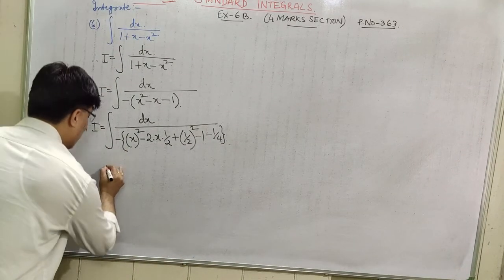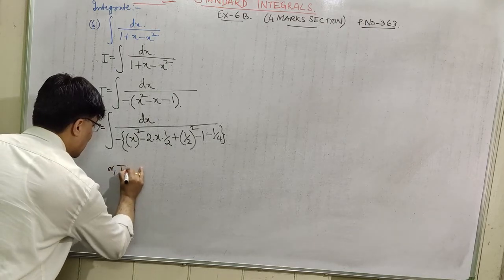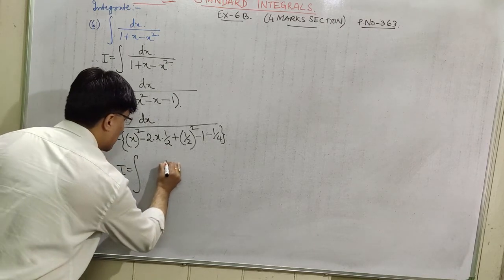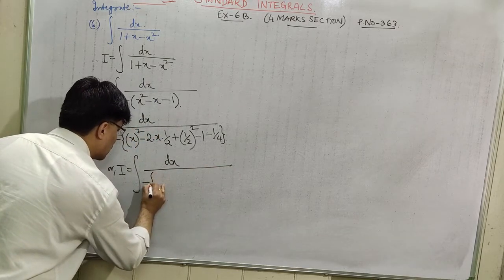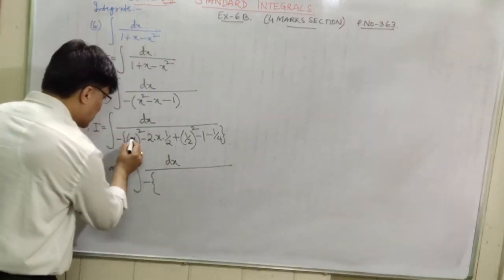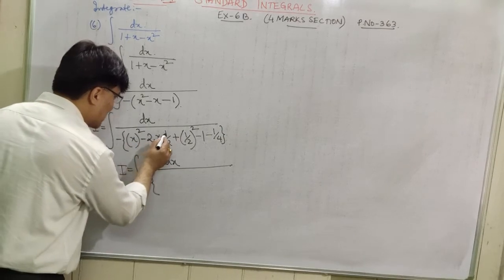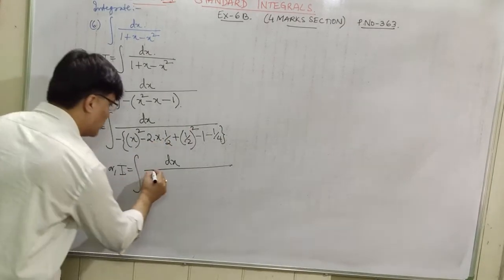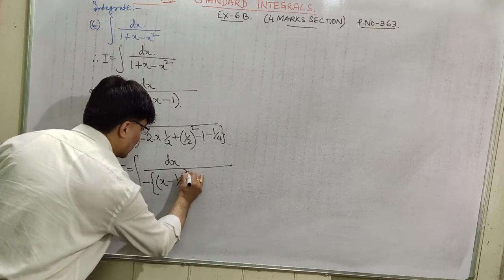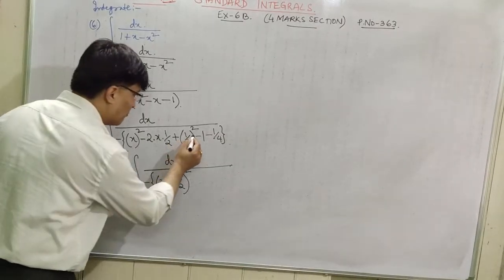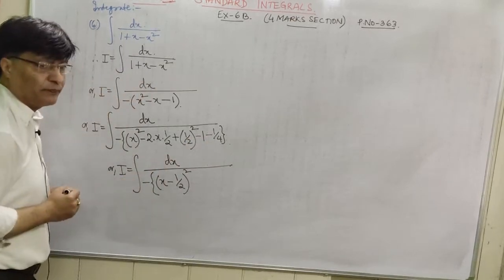Okay. So next, I is equal to integral of dx divided by minus, within the second bracket, a square minus 2ab plus b whole square. What is the formula? It is x minus half whole square, right? And minus 1 minus 1/4.